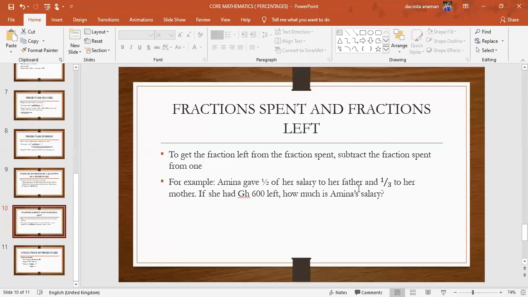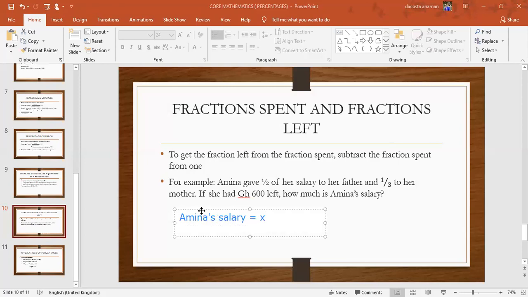For example, the one here: I give half of a salary to a father and 1/3 to her mother. If she had 600 Ghana cedis left, how much is Ama's salary? Is that okay? So we don't know Ama's salary, so let's represent Ama's salary with x.